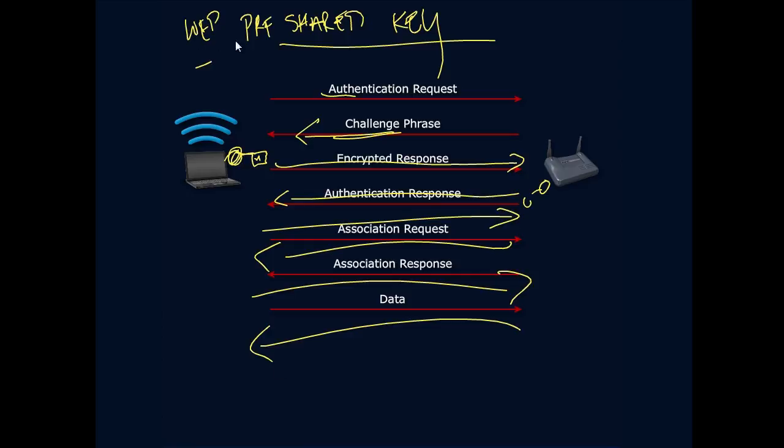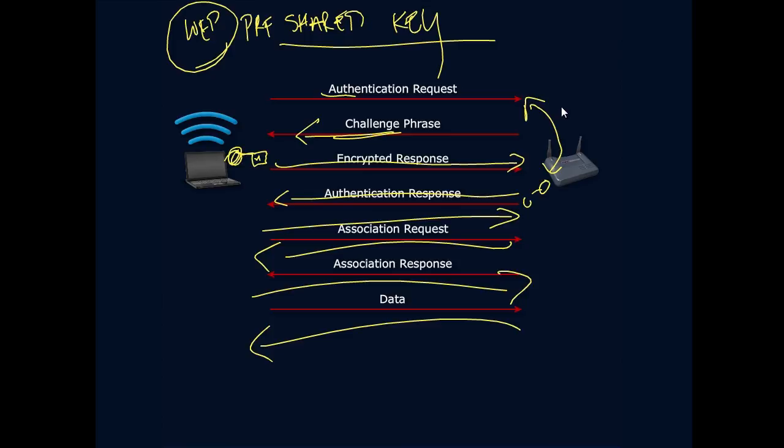That's why WEP is not very strong at all. But this is the WEP process, and I want you to pay attention here. It's very important to understand that. We did not have this challenge and encrypted response at all in our open authentication, did we? But on our WEP shared key authentication, we do have encryption. And while this is better than nothing, this is not advisable to use in the modern day.